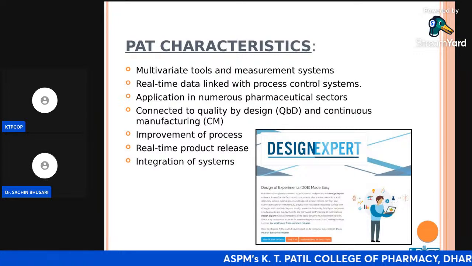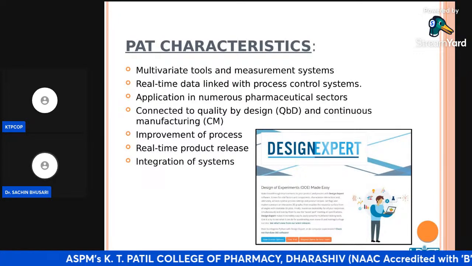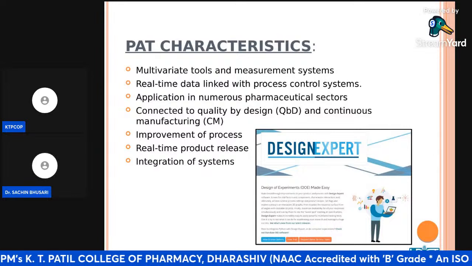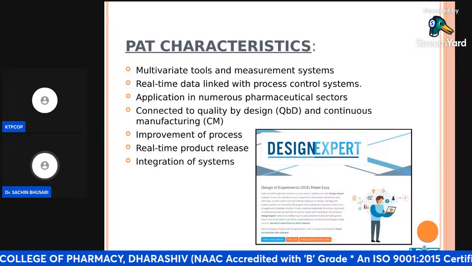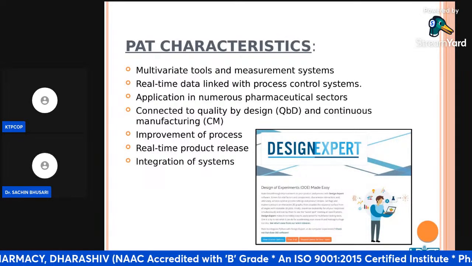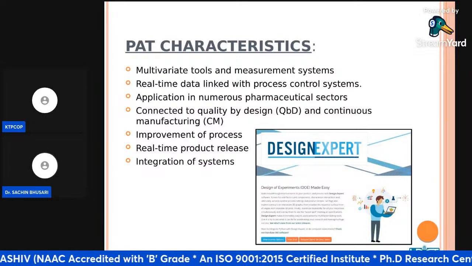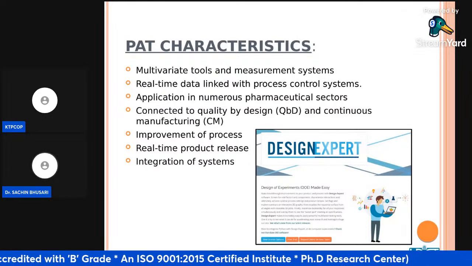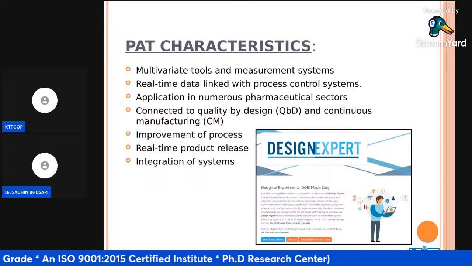In a process or product, there will be multiple variables. If you try to test one variable at a time, it will be difficult for you to optimize. So multivariate tools and measurement systems are characteristics of PAT.